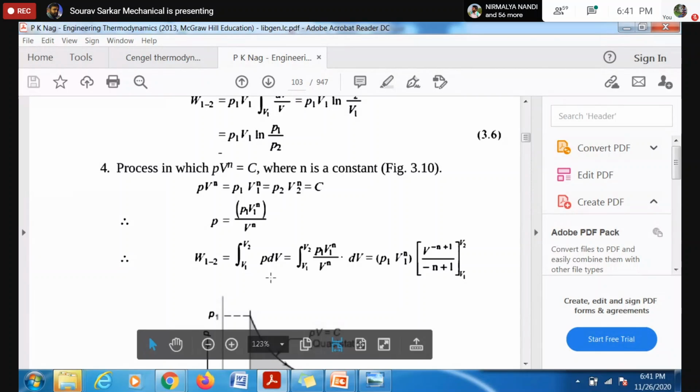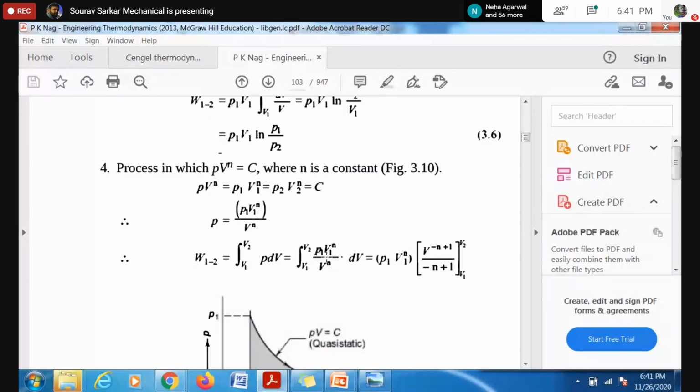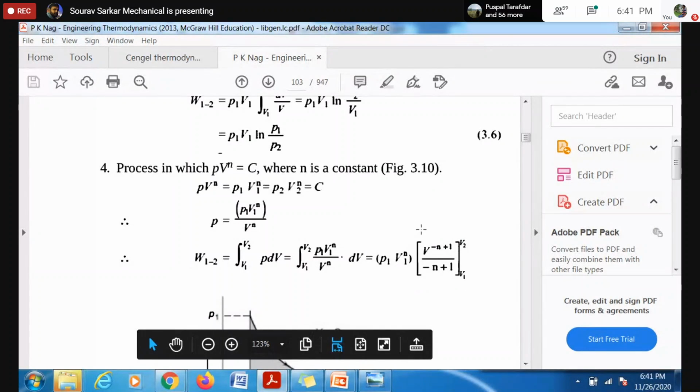In this expression you replace P by P1 V1 to the power n by V to the power n. Now there is no P. Yeah, there is a P1, but this P1 V1 to the power n is a constant, so you can simply take this term outside the bracket. It will be 1 by V to the power n into dV. So finally this expression will come.